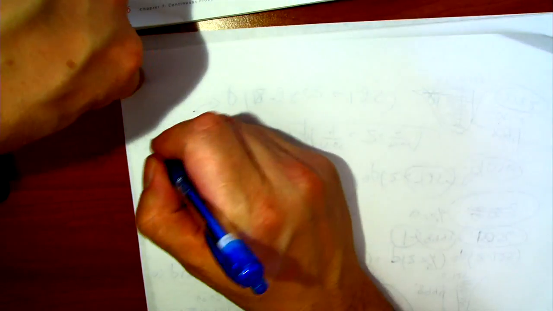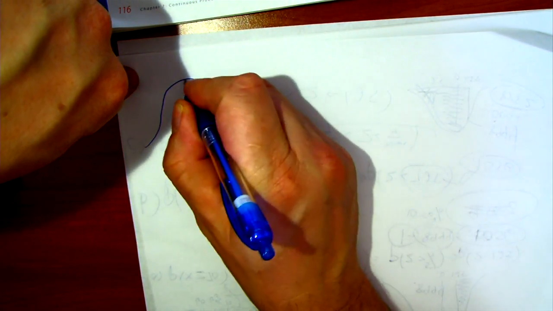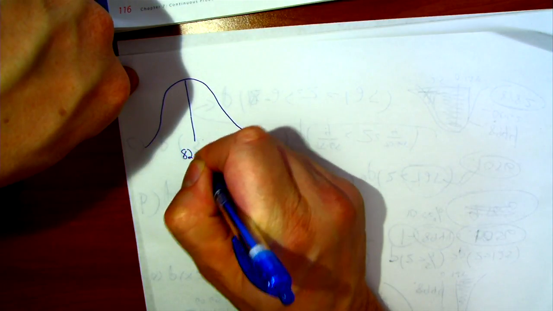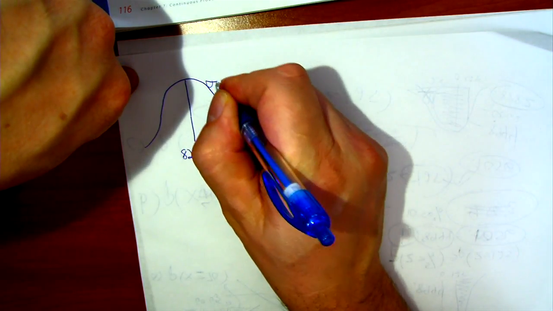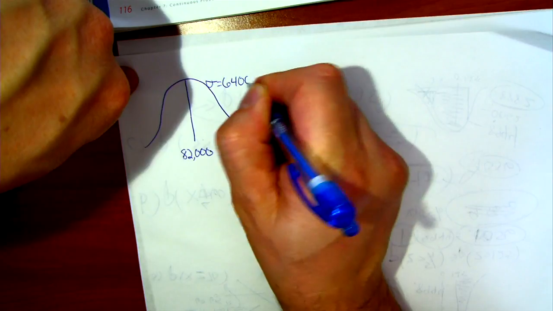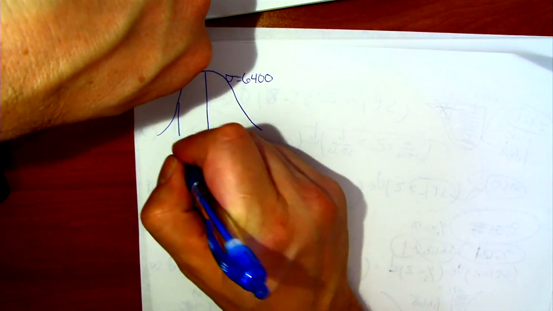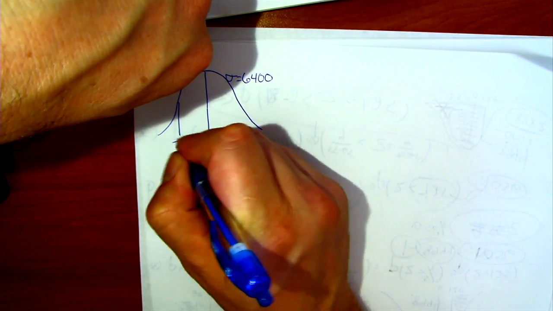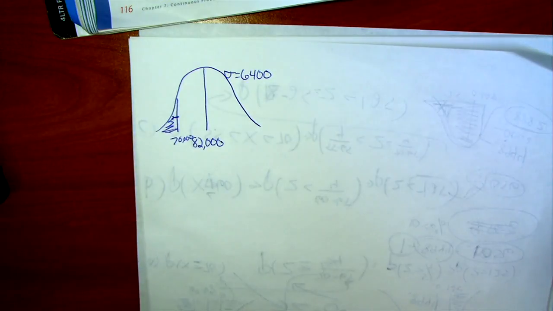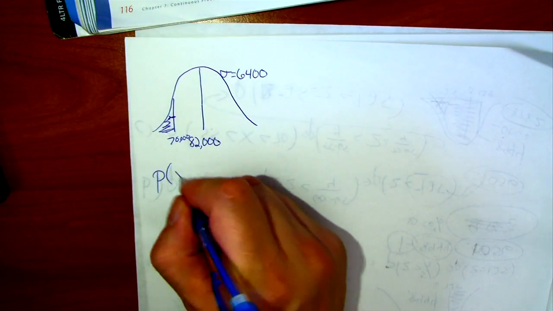So let's draw that curve. The mean tells us the center, 82,000. The standard deviation is 6,400. It wants to know what is the probability that a tire wears out before 70,000 miles. Well, 70,000 is here. This area is equal to that probability.